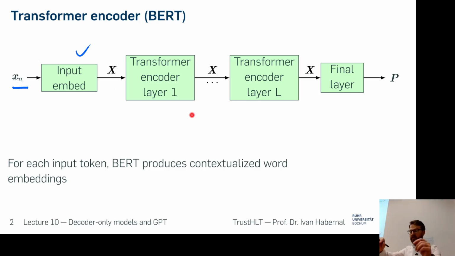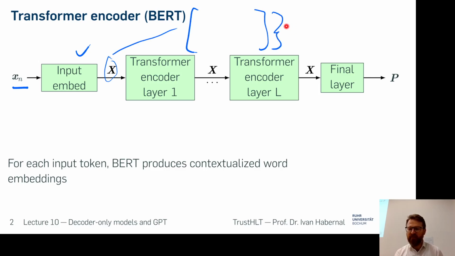So these were the input embeddings, and then we had these transformer encoder layers, which were this complicated self-attention mechanism with scaled dot products. We will be talking about it again today. After each of these layers we take the input, which is actually a matrix where the rows are the tokens, so this is the input length.